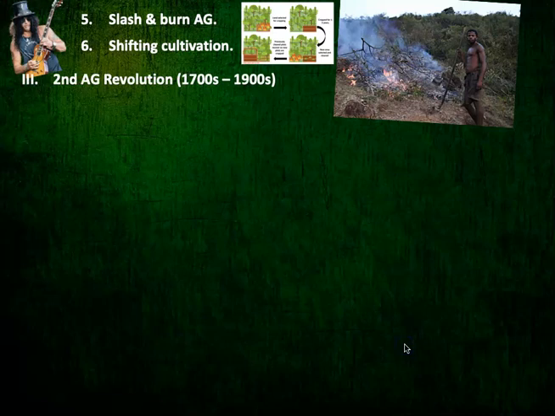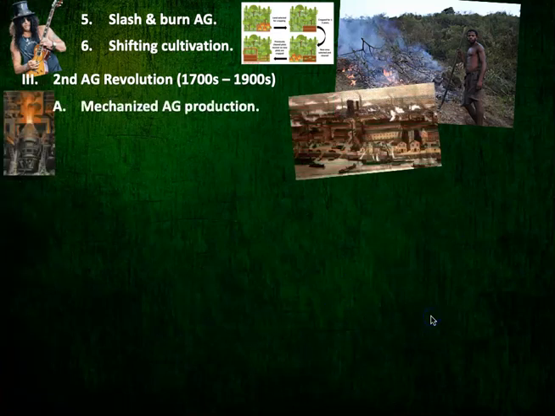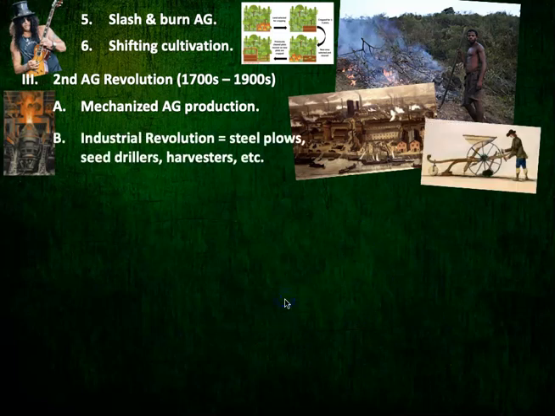All right, so second agricultural revolution, the year span that you get there. Usually it's going to be described as kind of an 18th and 19th century phenomenon. Take some AP World History with me, you'll get a little bit deeper into this. What you'll learn is that what's going on during that same time frame is something that comes to be known as the Industrial Revolution. The two are pretty linked.